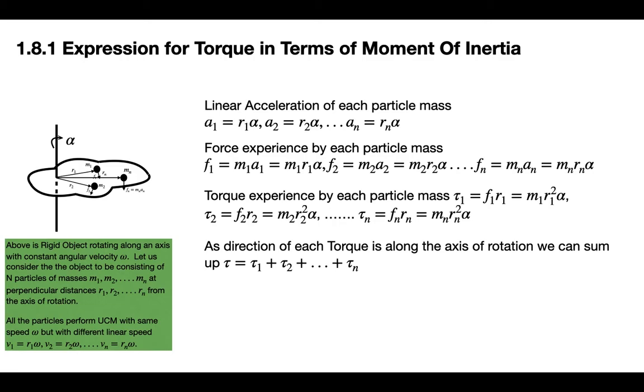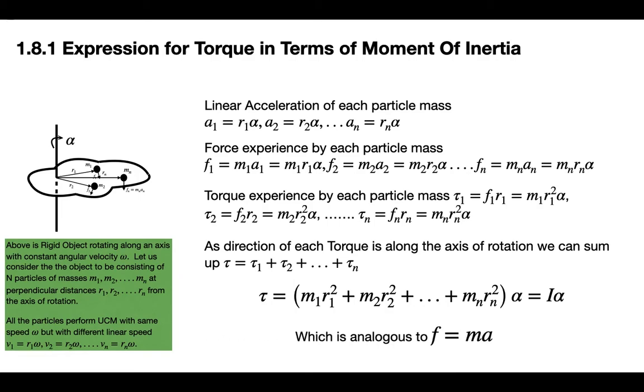As the direction of each torque is along the axis of rotation, we can sum up algebraically, and we get tau, the torque of that entire object revolving around the axis with angular acceleration alpha. We sum tau 1, tau 2 up to tau n, and we get tau equal to m1 r1 square plus m2 r2 square plus up to mn rn square, into alpha, which is essentially moment of inertia into alpha. This is analogous to the translational phenomenon of force equal to mass into acceleration.